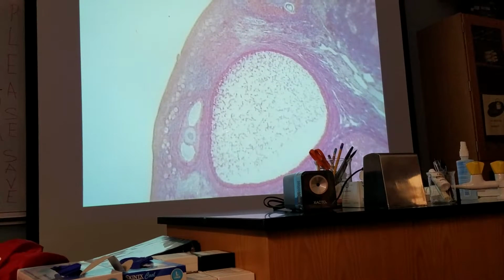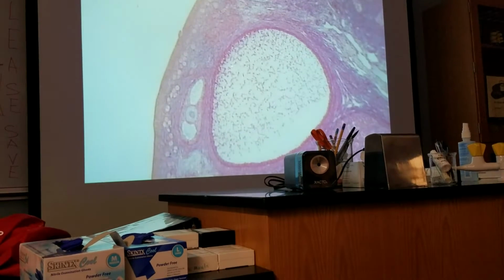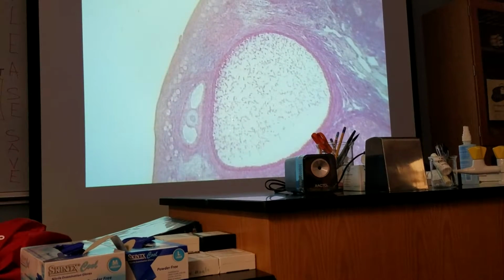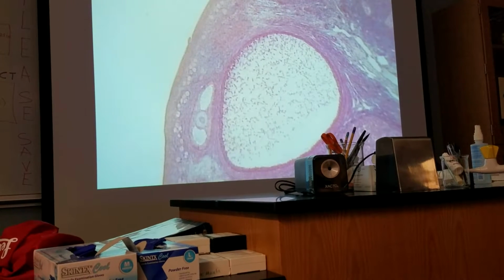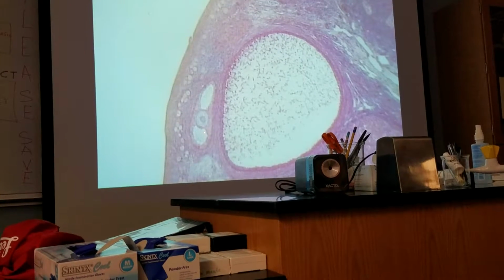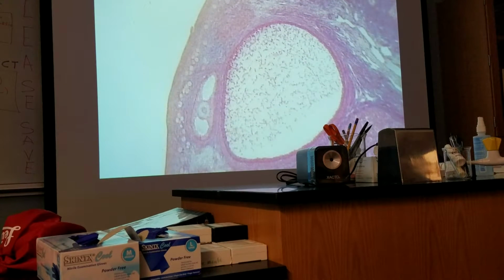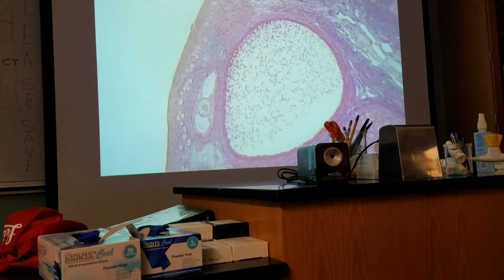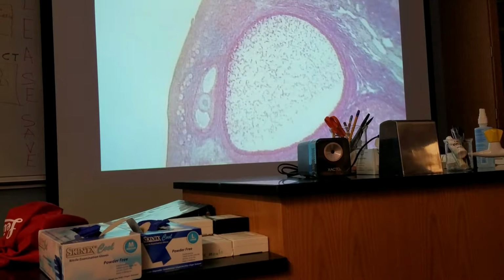The gamete is missing. Why? Because of the way the section was taken, the gamete was missed. But here, one smaller secondary follicle with the gamete here and antrum on both sides because of the peculiar section.